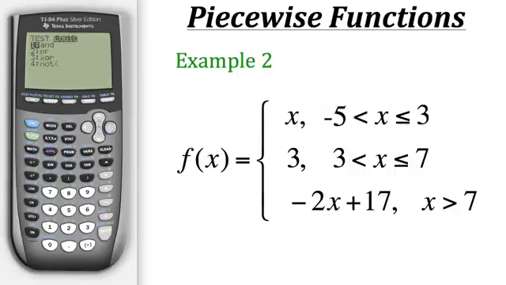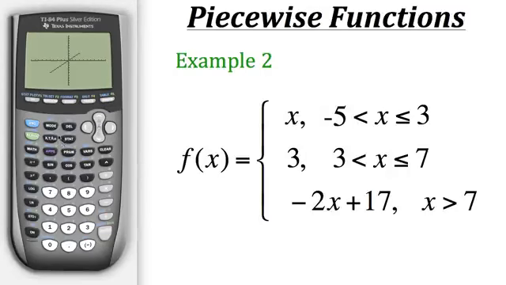Well, if we go over there, there's different statements here. Well, since we want both the conditions to work, we could hit and now put in the second part of the condition. So x is less than or equal to 3. So now we have the first part of the piecewise function, as well as both parts of its condition. So now that we've done that, we could graph it.